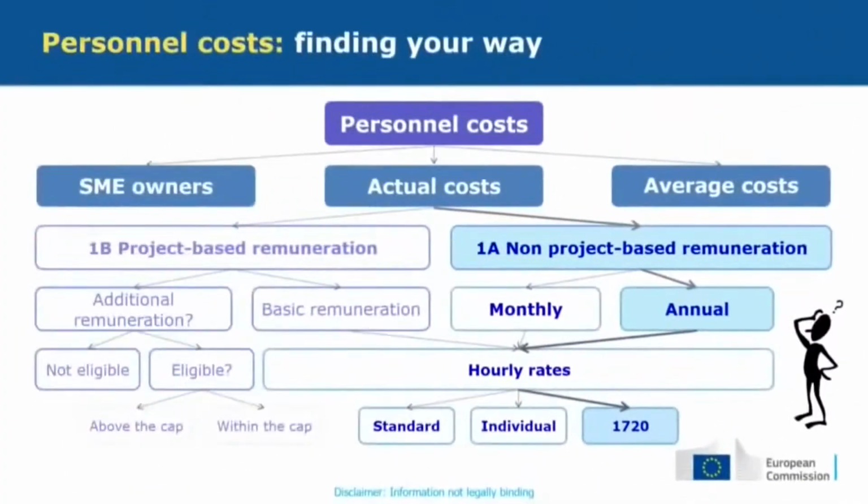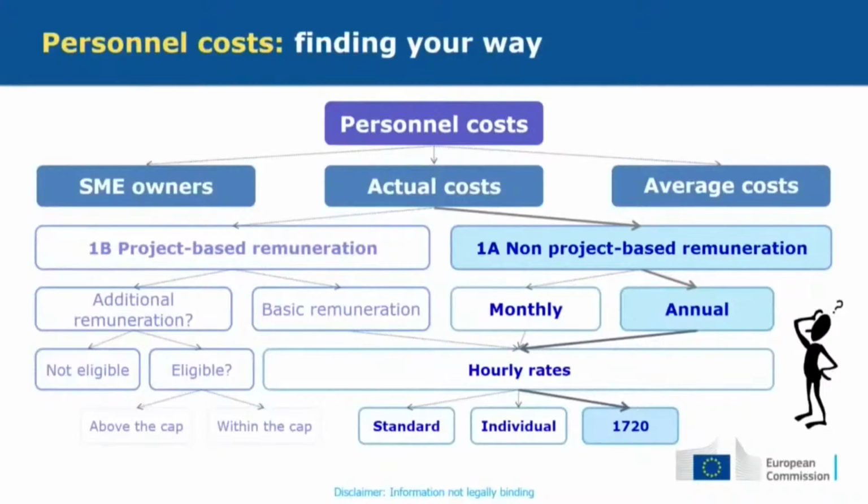And this is personnel costs in Horizon 2020. You may think that it's horribly complex. It is, in any case, quite a dense tree of options. That's true. The reason for it is that we have had to adapt the Horizon 2020 grant agreement to the many different options and situations that take place around Europe.